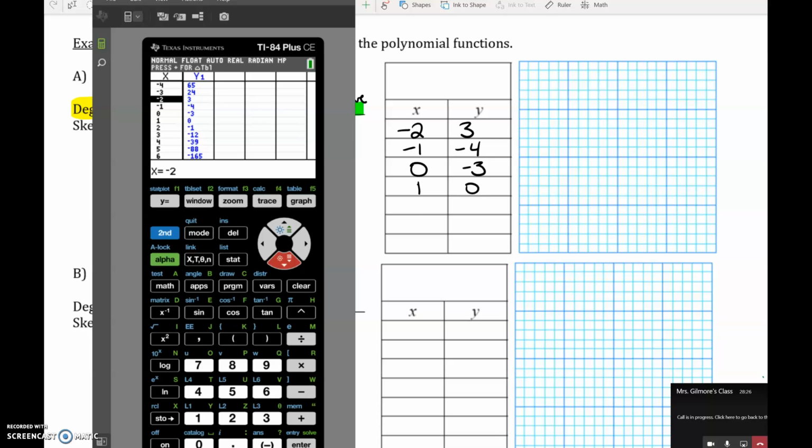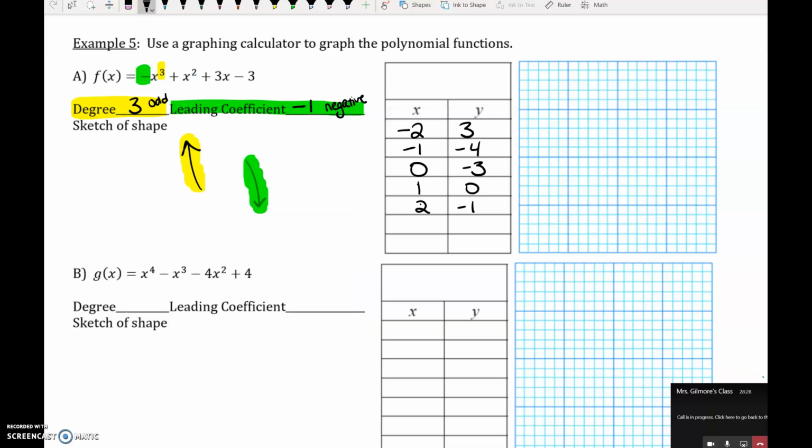And 2, -1. So -2, 3. -1, -4. 0, -3. 1, 0.